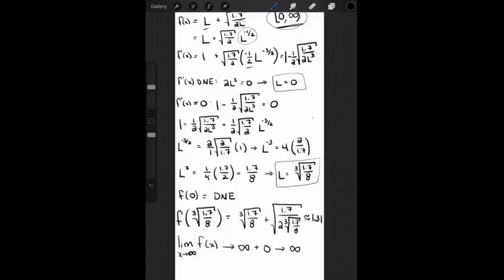And this thing that has L in the denominator goes to 0 as L goes to infinity. So the limit seems to be going to infinity.